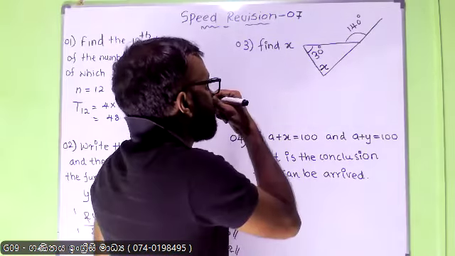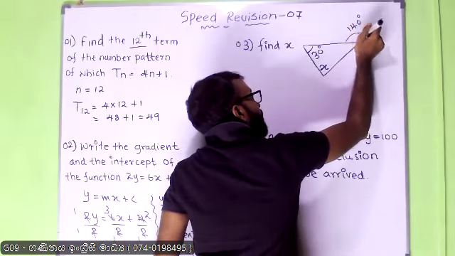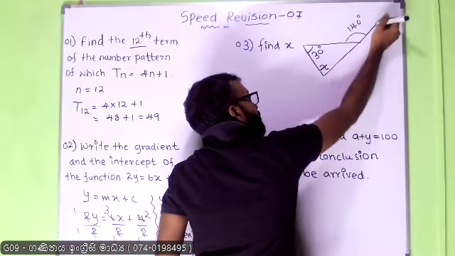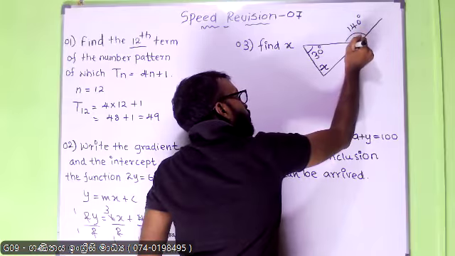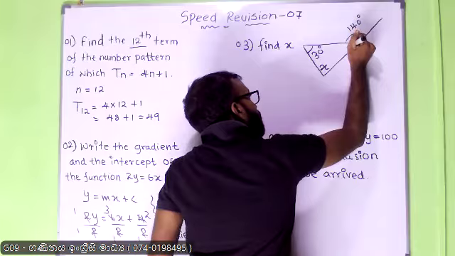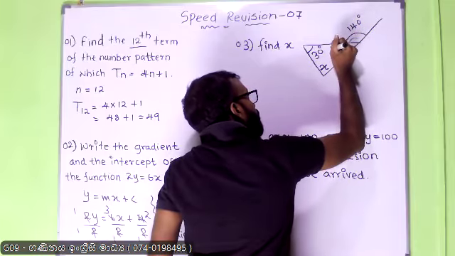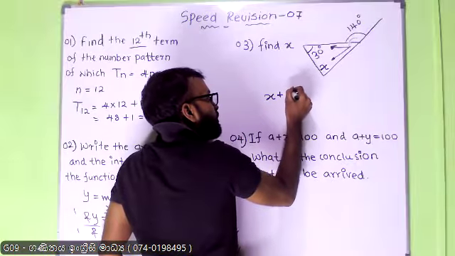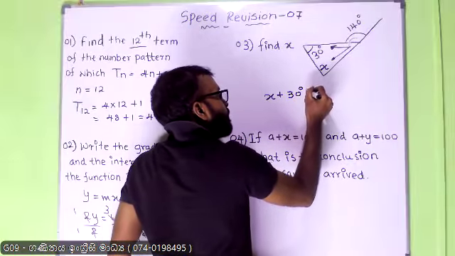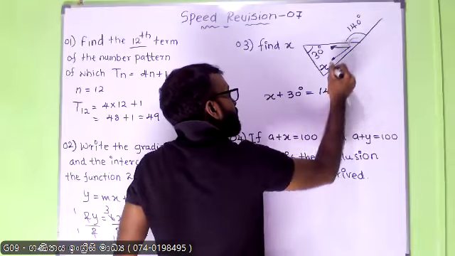So directly you can write. This is your exterior angle, formed by extending this side, and the two opposite interior angles are this angle and this angle. So you have to get the summation: x plus 30 degrees equals 140 degrees, right?